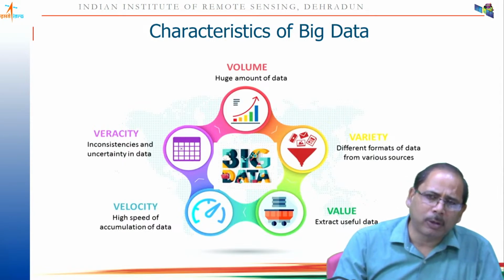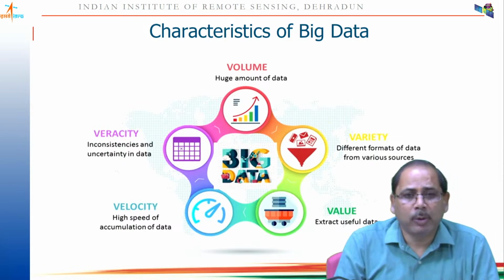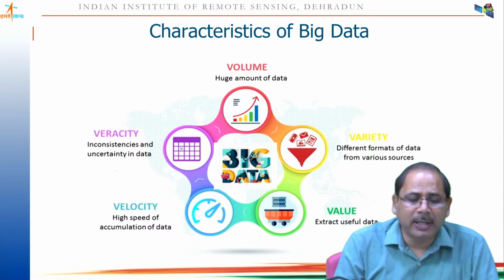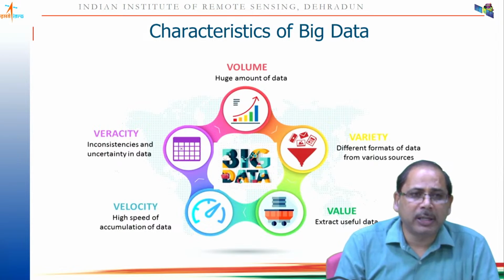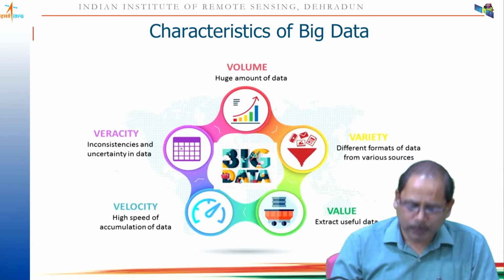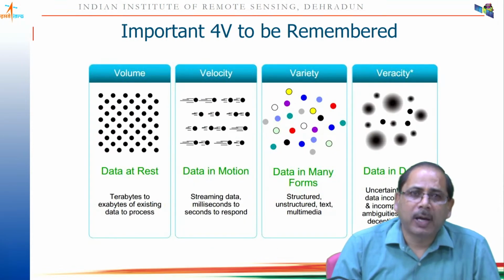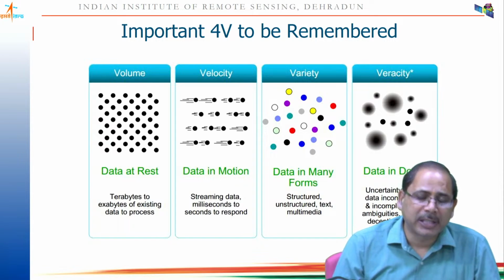And most of the time we talk about unstructured data only in big data. It has different characteristics: volume, variety, value, velocity, and veracity. A lot of uncertainty is in this data. And when you have this kind of unstructured data, you require a technique like big data analytics so that you can extract meaningful insight from this data.